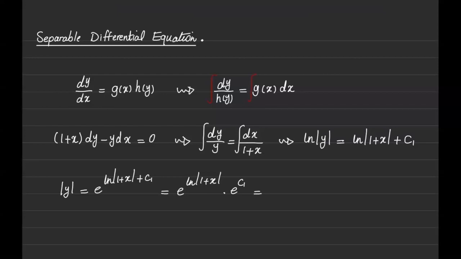Here, the first term will be equal to the absolute value of 1 plus x, and e to the power of c1 itself is another constant, which we call c. From here, we can say that y is equal to plus minus c times 1 plus x. Since plus minus c is a constant, we can just write c here, and this is the solution to the given differential equation.